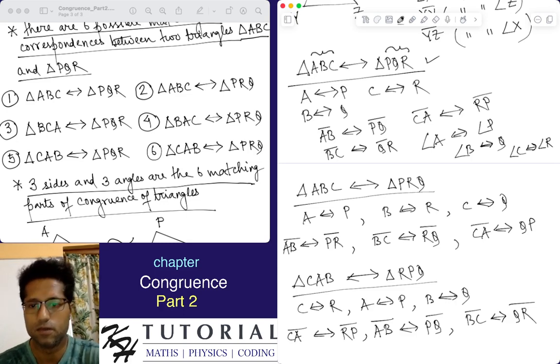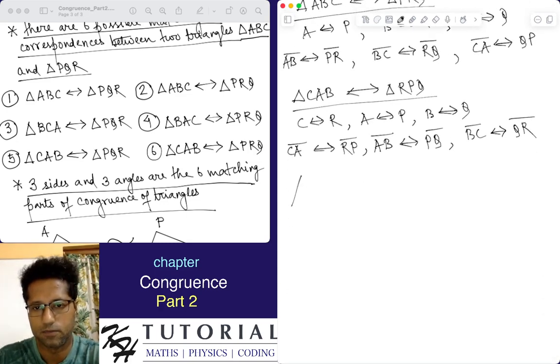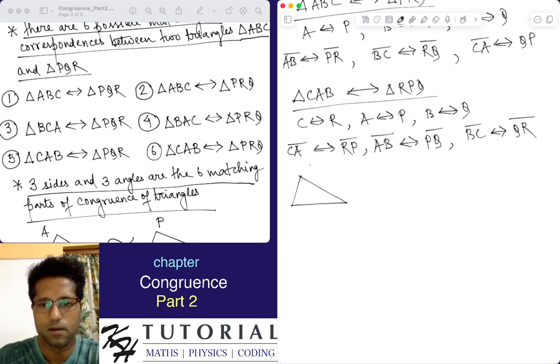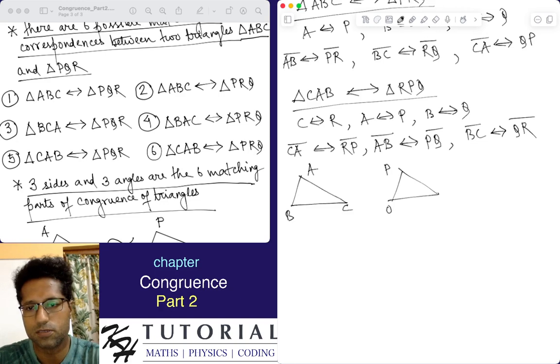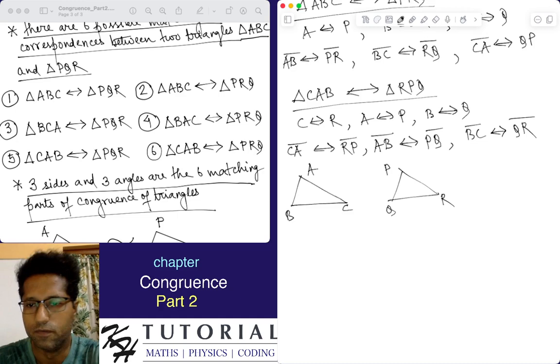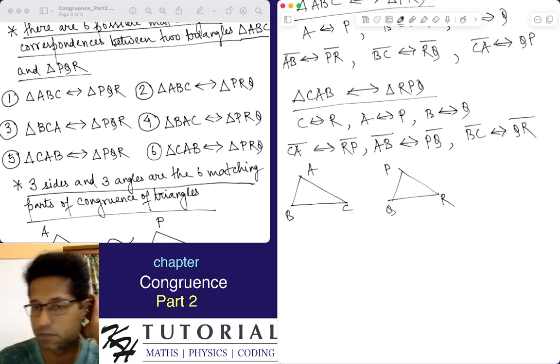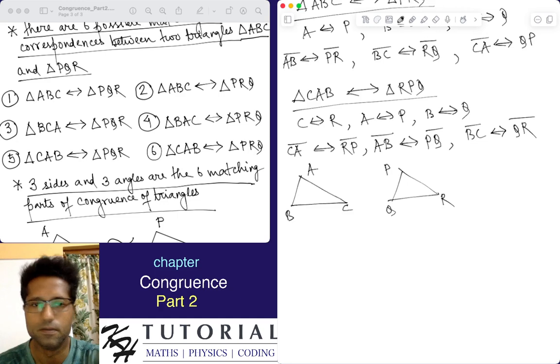So if you take two triangles, ABC and another triangle PQR, you just try to map differently the vertices of the triangle ABC to the vertices of triangle PQR. Then you can easily find out that these are the 6 possible ways of expressing different matching or correspondence between the two triangles ABC and PQR.